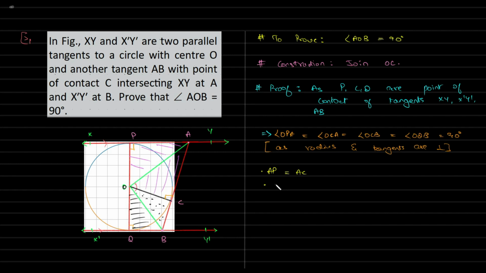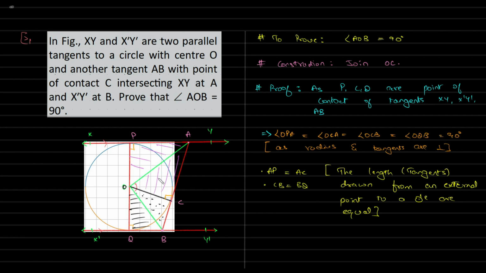Then we can also tell that CB is equal to BQ. Why? The lengths of tangents drawn from an external point to a circle are equal.